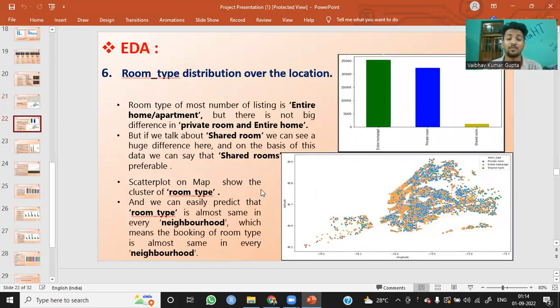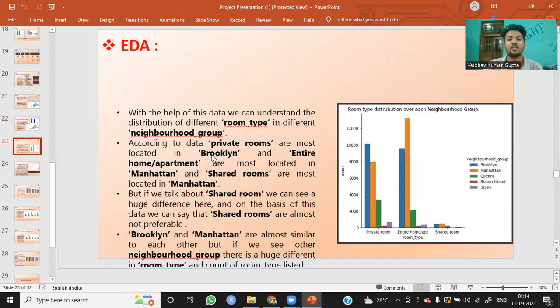For the sixth question, we have room type distribution over the location. Basically, looking at how the room types are distributed over the location, mostly we have entire home or apartment and private rooms, and very few shared rooms. This plot gives the analysis of how private room, entire home or apartment, and shared room are distributed over the different neighborhood groups.